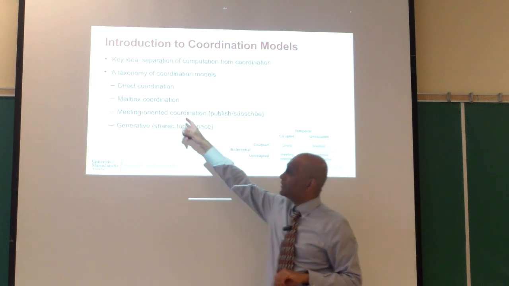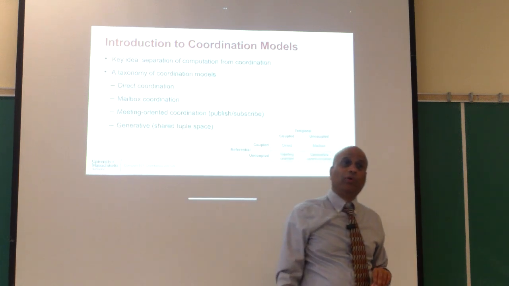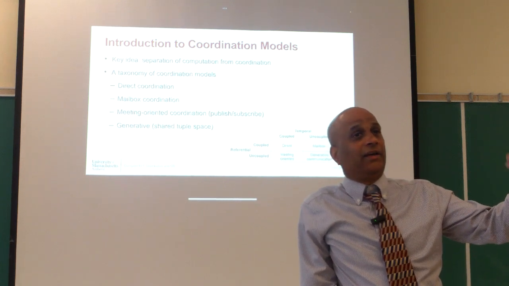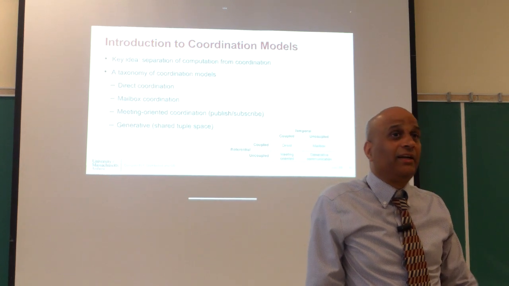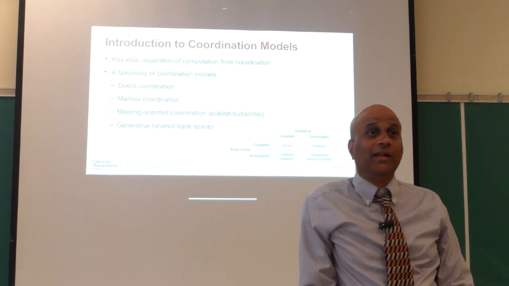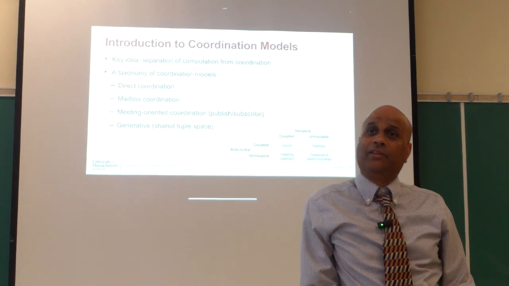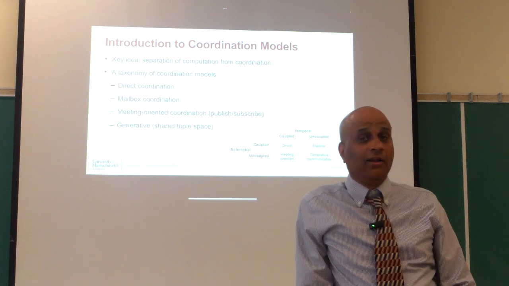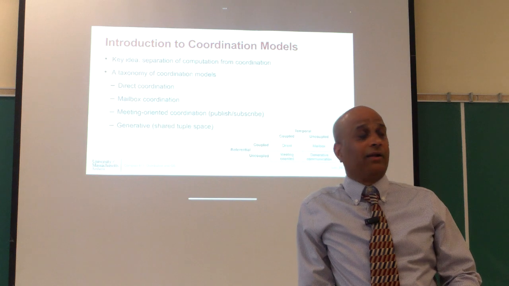Mailbox-based coordination is one where you send a message, but you don't expect the other end to process that message immediately, but expect that it will take some arbitrary amount of time to be processed. Email is a good example in the physical world. Unlike text messaging, if you send an email, you don't expect a reply to come back in a few seconds.